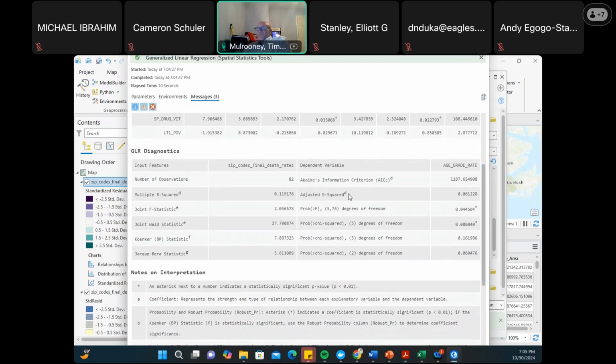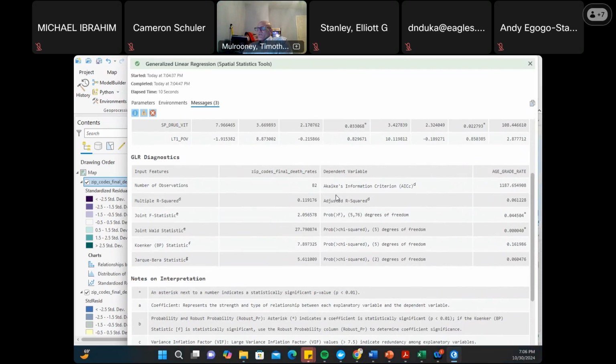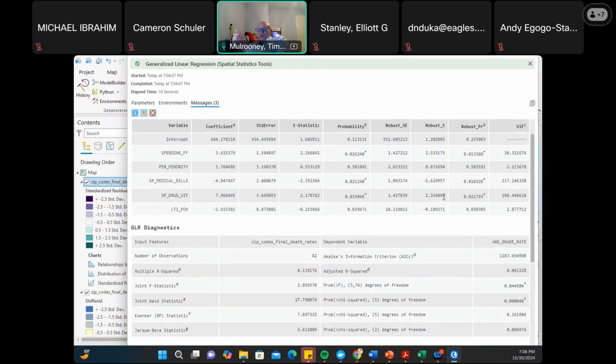Okay. But look what our R squared right here is. It's like 0.11. We're looking at 0.06 here. These are really, really small. So most of your variability can't be explained with spending on fast food, percent minority, spending on medical bills, spending on drugs and vitamins, or poverty.